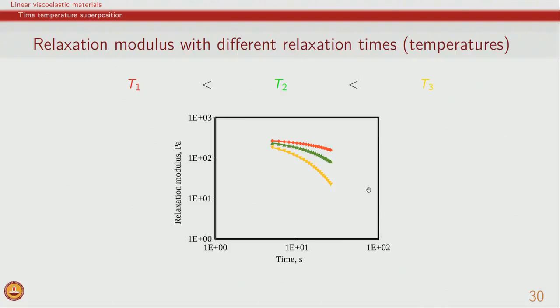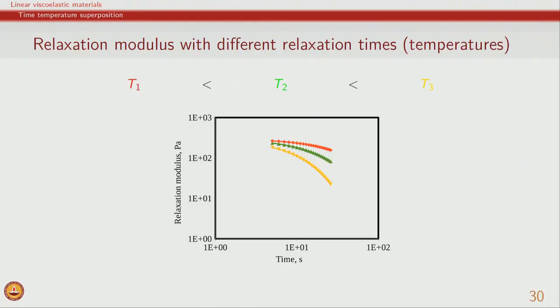because presumably if I wait long enough at T2 itself, I should get some response. That means for a particular temperature, if we know the equation, we can fit it, and with different temperatures we will also have a relationship for how the response is changing, and then it will correlate.